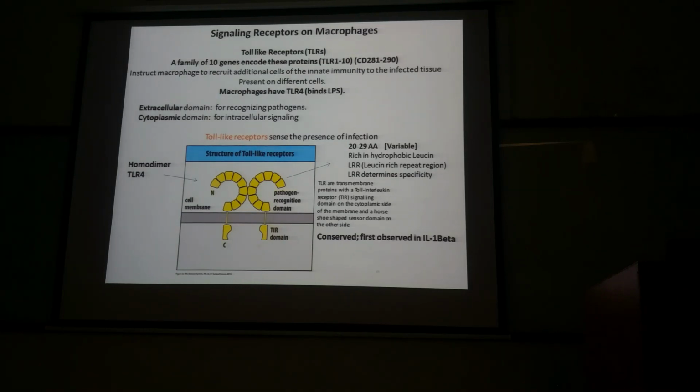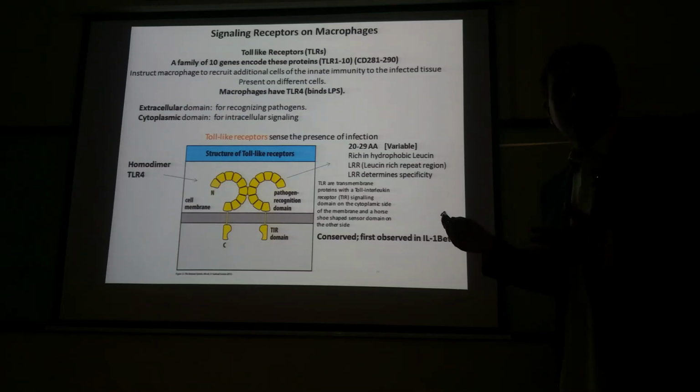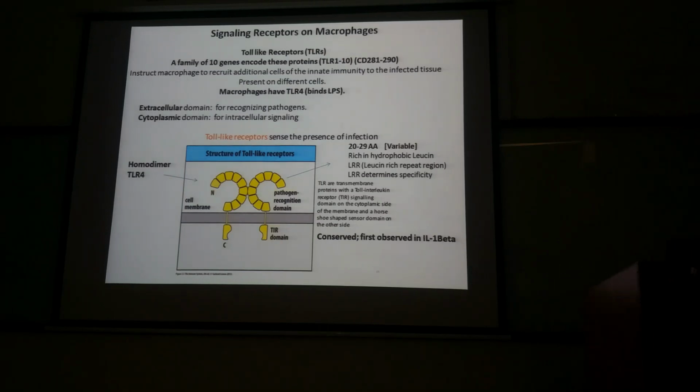That is what this process of recognition of the pathogen is leading towards: the synthesis of different molecules like different cytokines or other molecules needed for the inflammatory response. Okay?